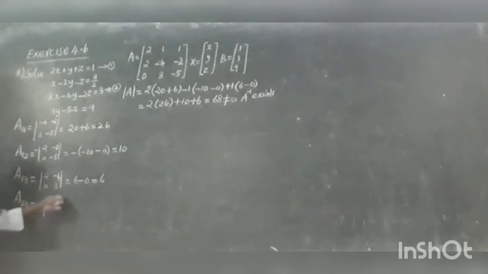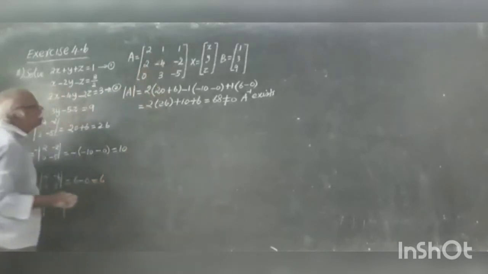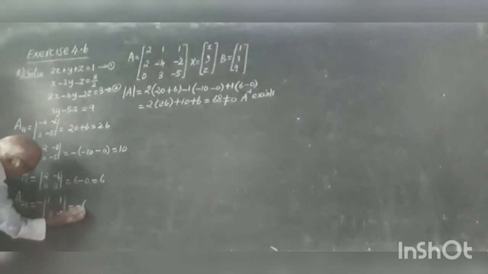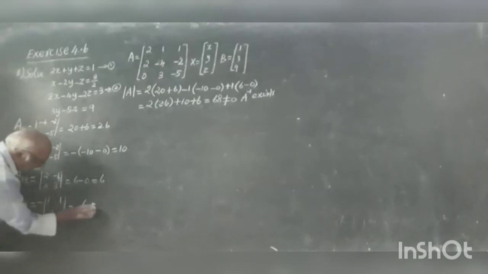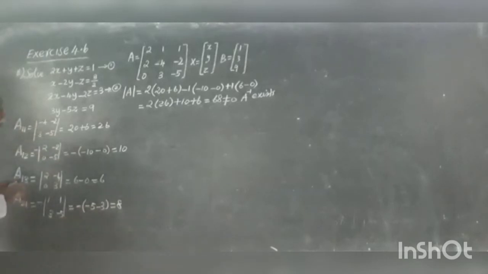A21 is negative. A21 is the determinant of 1, 1, 3, minus 5, so minus of 1 into minus 5 minus 3, which is plus 8.